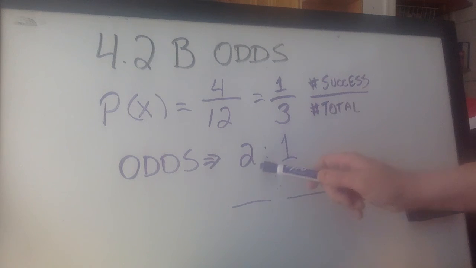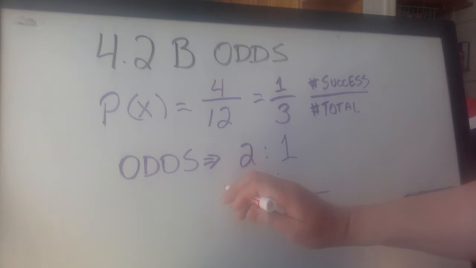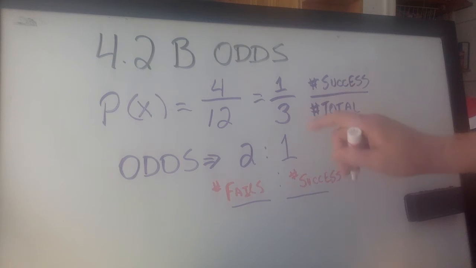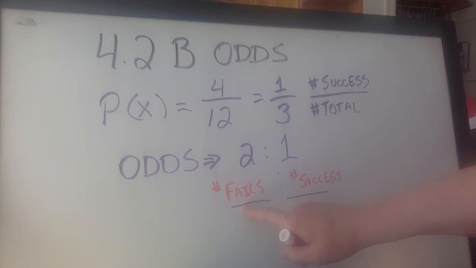Probability is a fraction. Odds are a ratio written with the colon in there, 2 to 1. This problem has odds of 2 to 1. You want to remember this: the first number is your number of fails, how many times you fail. And the second number is how many times you succeed. So instead of being successes out of total, odds are how many times you will fail to how many times you will succeed.